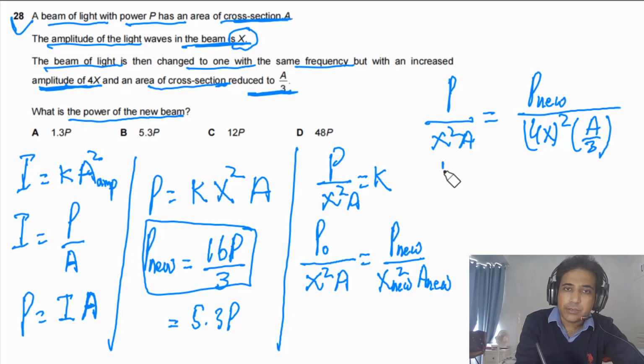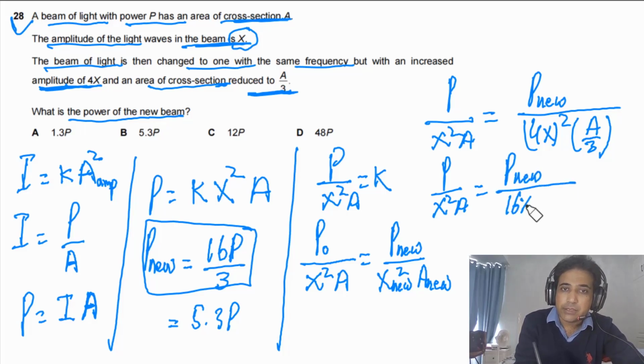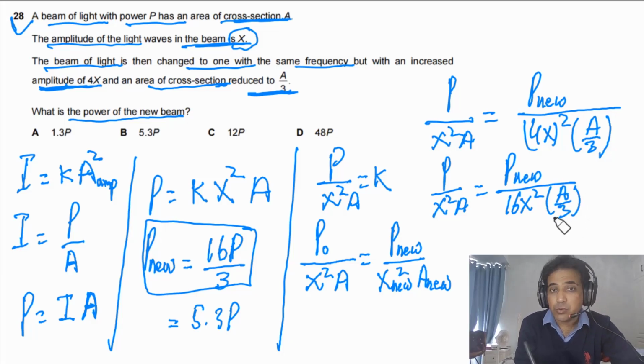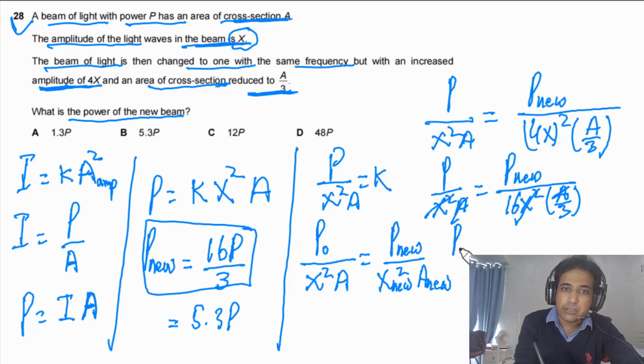So from here we can simplify: P divided by X squared times A, and here we have P new, here we will get 16 X squared. Actually I'm writing all the steps so you can develop your understanding. So we can cancel this X squared with this one, and this A with this. So now you can see P new is equal to 16 divided by 3 times P.